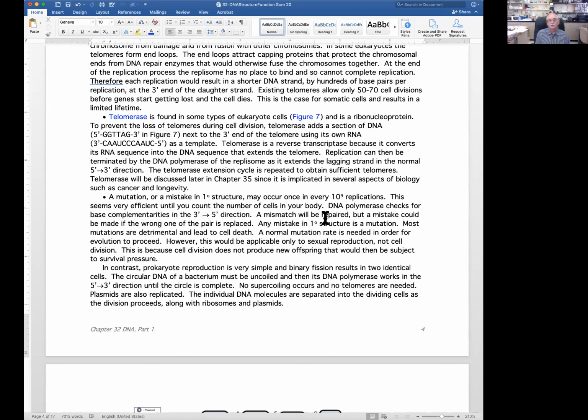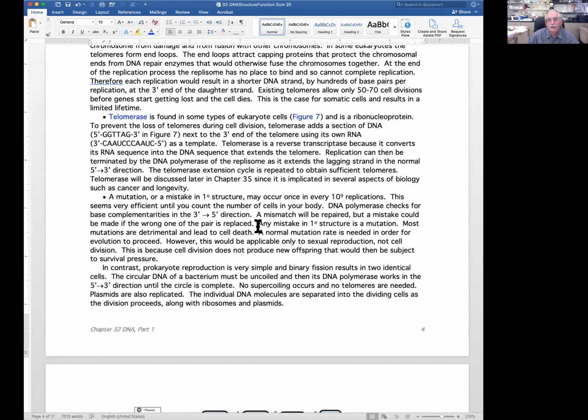So at any time, DNA polymerase cruising around on a piece of DNA, going in the 3' to 5' direction, if it finds any mistake, which means it's a base complementary issue. In other words, across from an A is not a T, it might be a C or a G. It's going to recognize that. And that mismatch will be repaired.